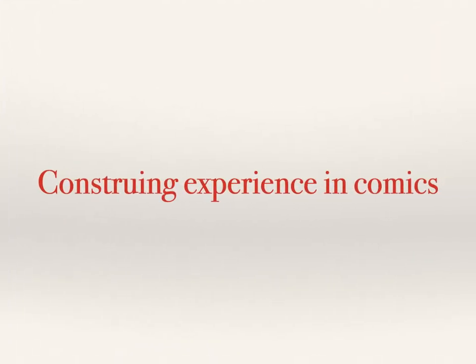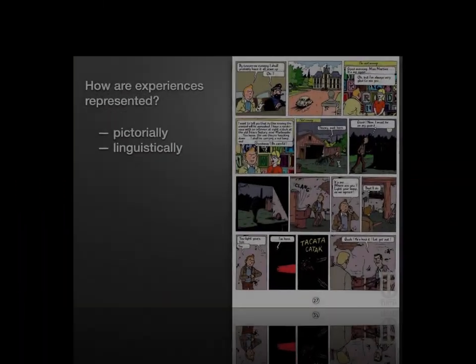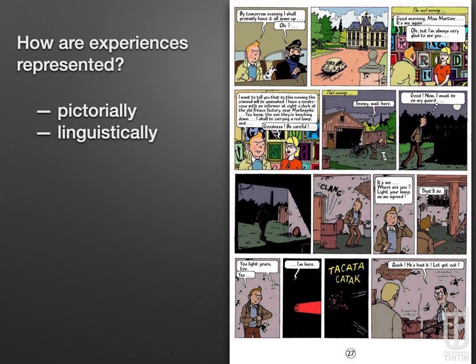Let's have a look at how this is done in comics. It may be helpful. And then I'll come around to other examples, like film, for example, or how people explain collisions, car collisions, and so on, construe them. Okay, so construing experience in comics, and we can ask, taking any comic, how experience is represented pictorially and linguistically.